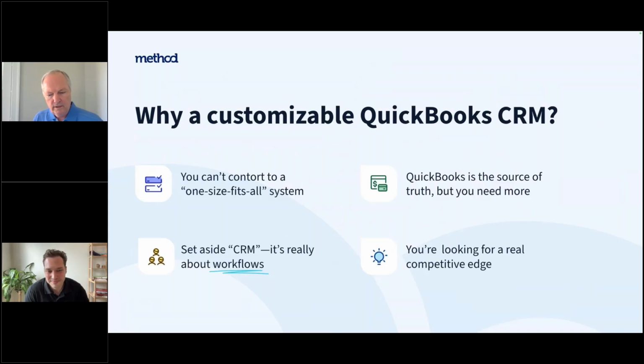And if I could just add one thing to ease folks' concern: when we talk customization, understand that Method is built on a platform that has stock, or unchangeable, code, the way I like to describe it. What that allows us to do on this platform is play in the 2% of dirt that lives on top of the code that is controlled by Method.